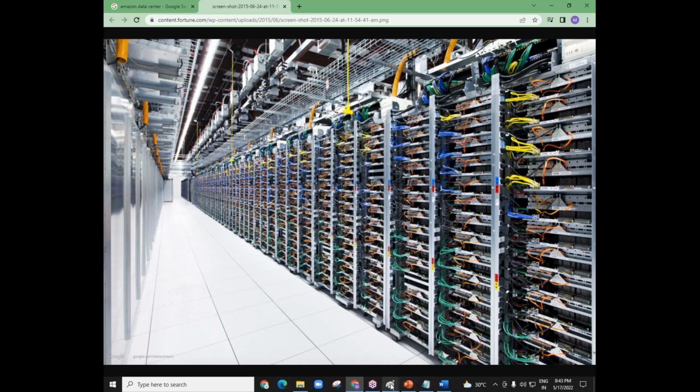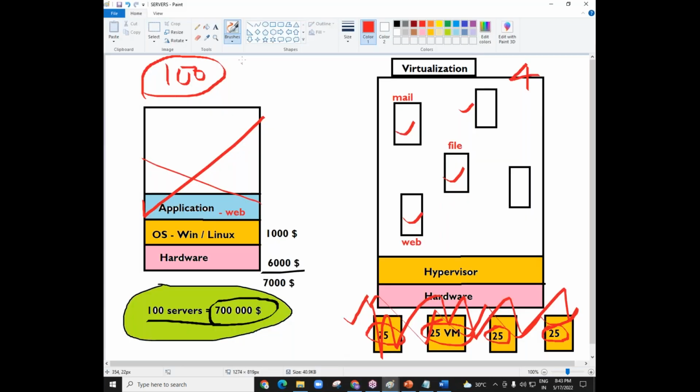So if a company is starting a business, instead of spending $700,000, or even spending $70,000, which is only 10% of 700, there is no need to spend any money on day one.